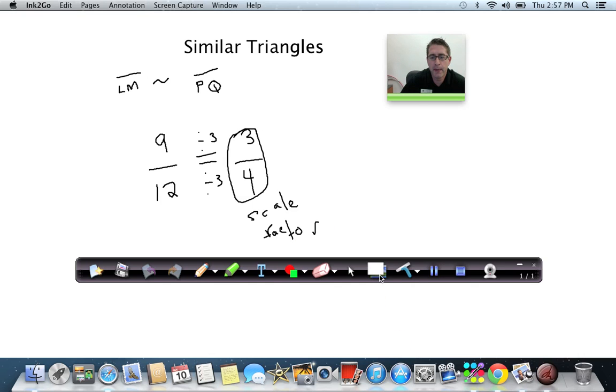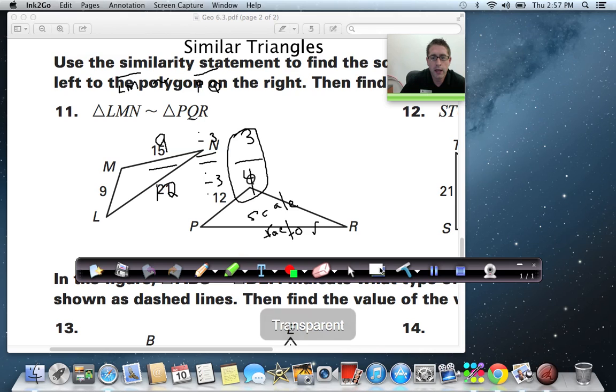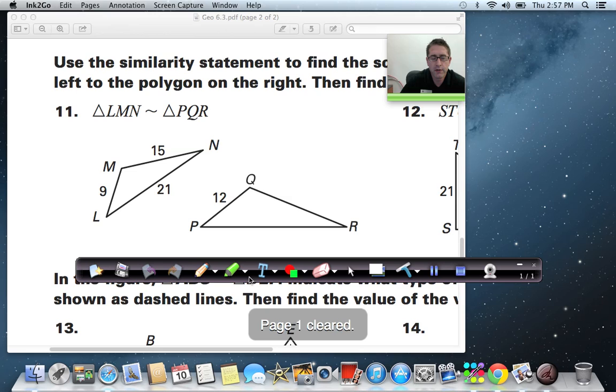So now we need to go back to the problem in our homework. And let me clear the page here. The scale factor is 3/4. So now we can go back and find QR and PR.